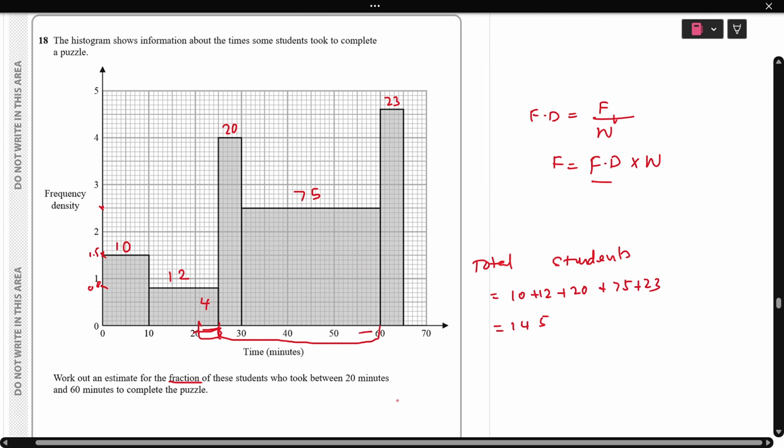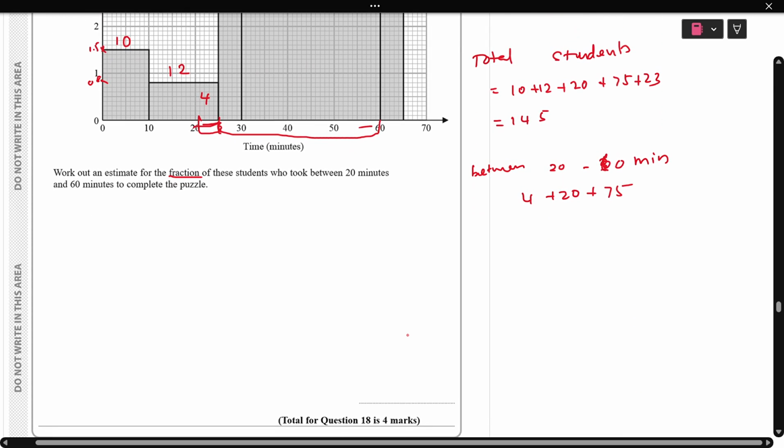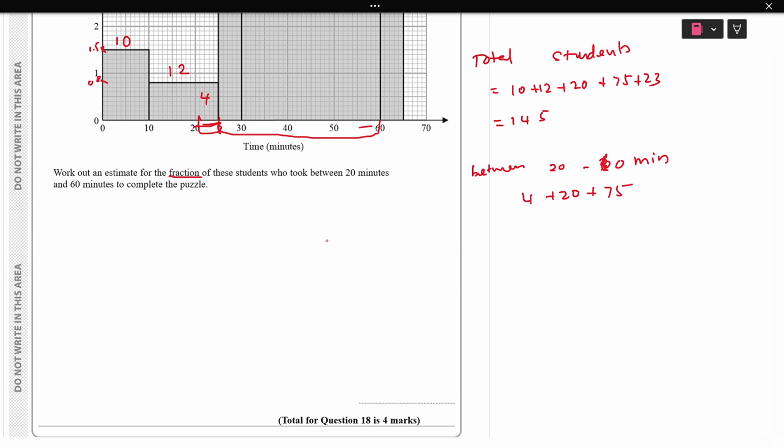Okay, so now we have to write between 20 to 60 minutes. First 4 plus 20 plus 75, which is 24 plus 75 is 99.